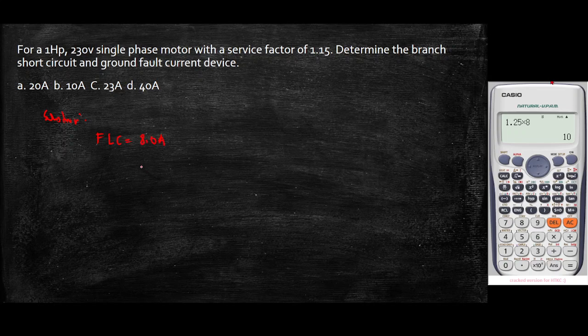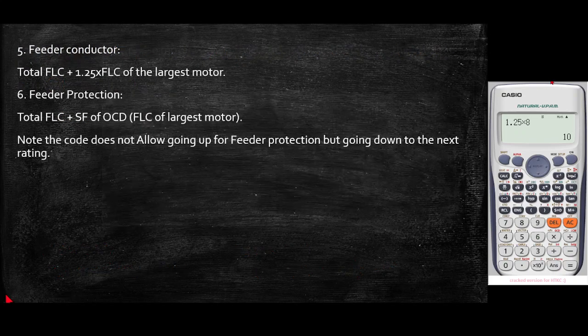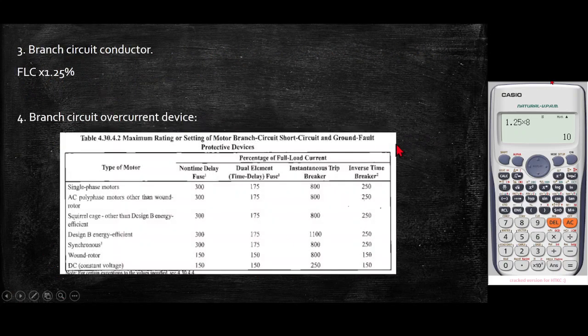Tapos yung kaniyang percent for the protection device, doon natin kukunin yun sa table. So if we are going to use an inverse time circuit breaker, ito inverse time circuit breaker ang gagamitin natin, so that is 250% for single phase motor.